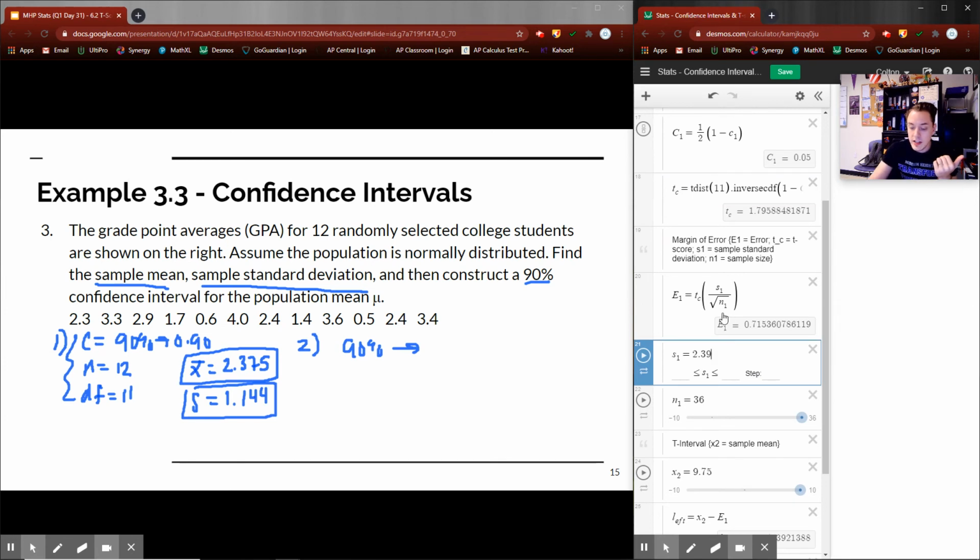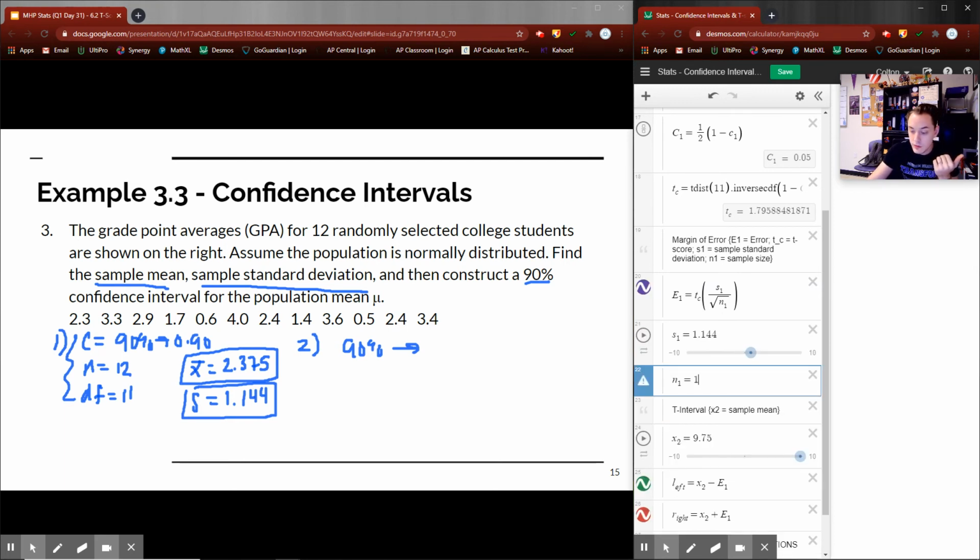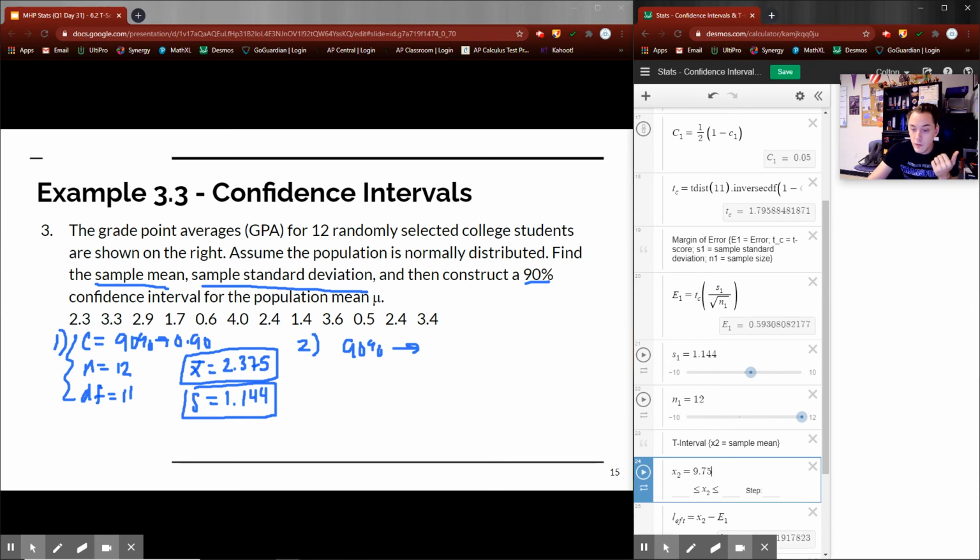My sample standard deviation, we got 1.144. For my N, we got 12. For my sample mean, I got 2.375.